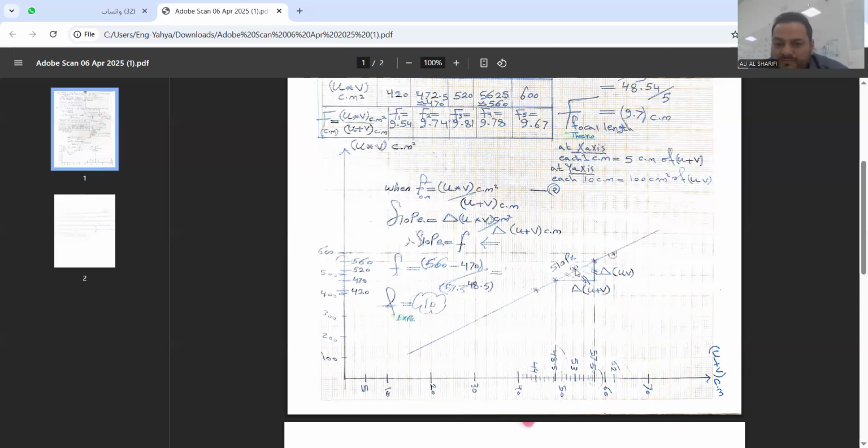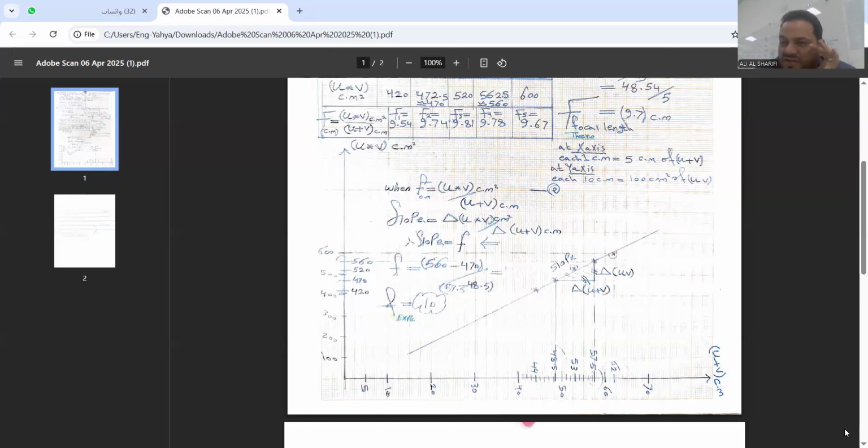If I used one of these irregular points, it will equal 8.88. That means less than the expected value, because in this situation, the focal length of this mirror, I know it was equal to 10. By that, these 2 results are the better, okay?